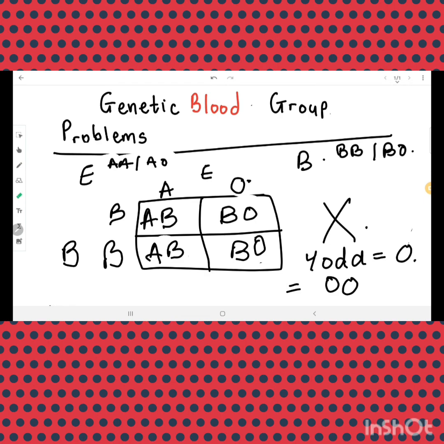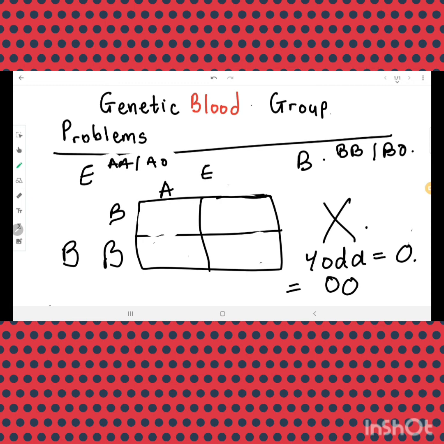Now let's erase this. What haven't we combined? We've done AA and BB, and we've done AO and BB. Now let's do AA and BO. I'm just going to erase this real quick, draw back my square, and get right to it.